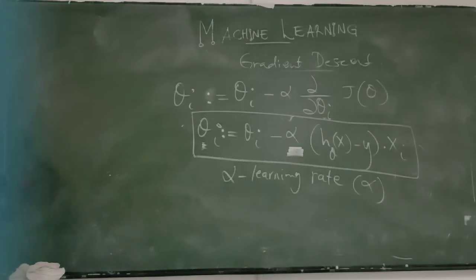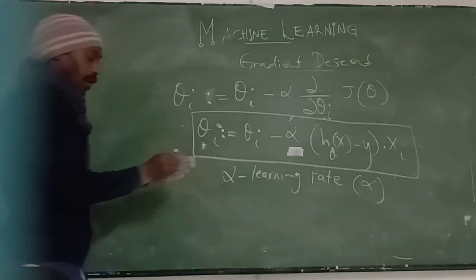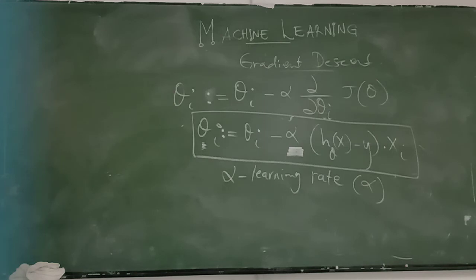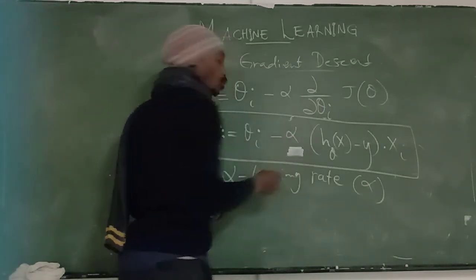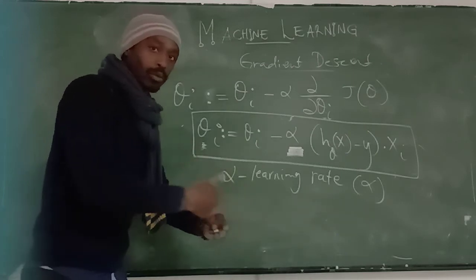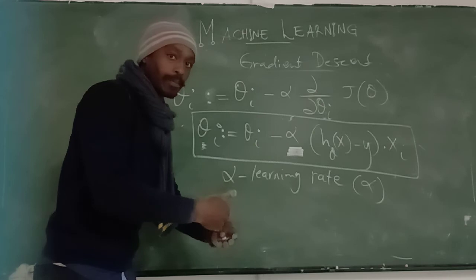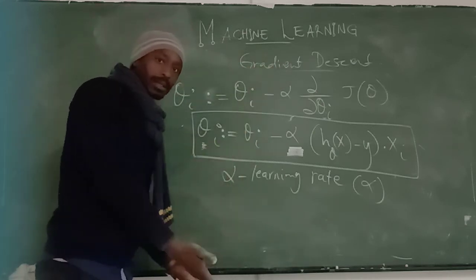Now, if alpha is too small, in other words if you choose this alpha to be too small, you'll be taking small steps towards the minimum, towards the gradient's steepest descent, right?